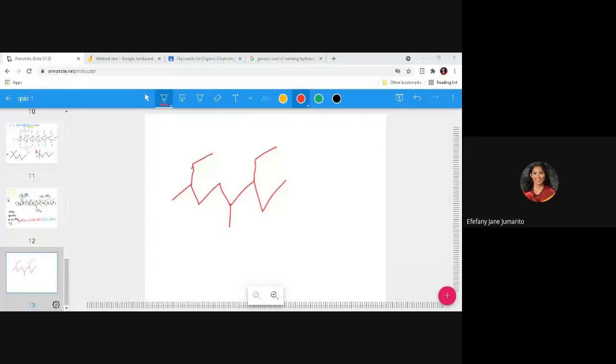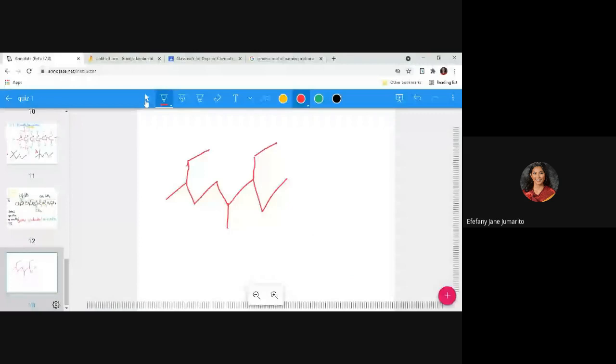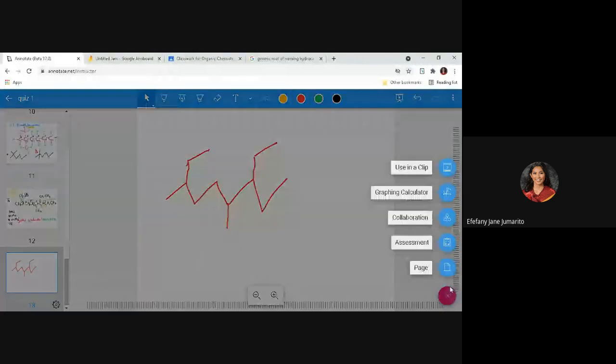Okay, now let's go back. Can you see, class? Okay, now what about the structure? Let's write the structure. We will have 1, 2, 3, 4, 5, 6, 7, 8.